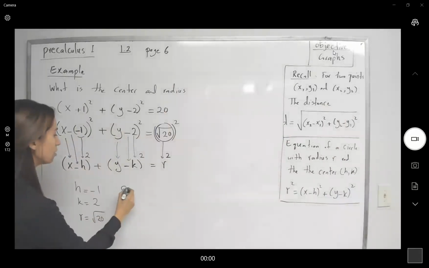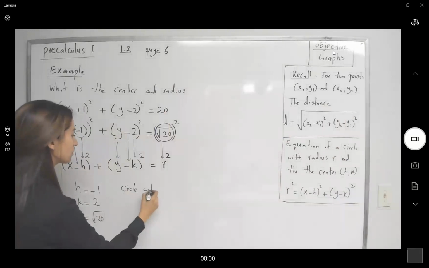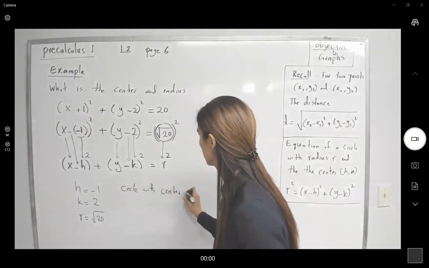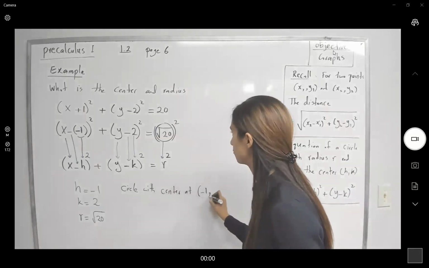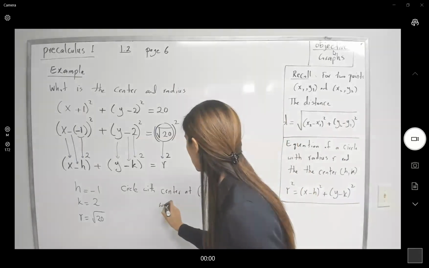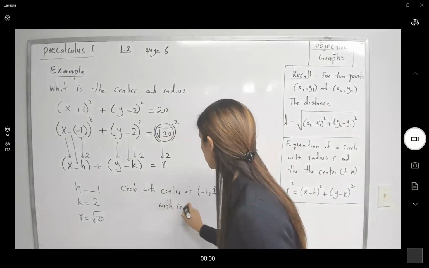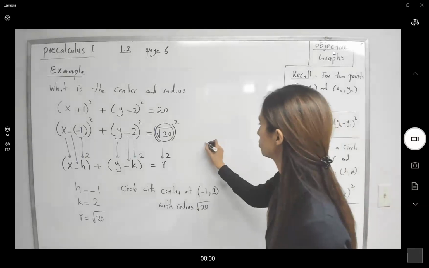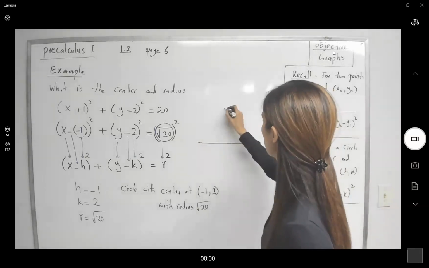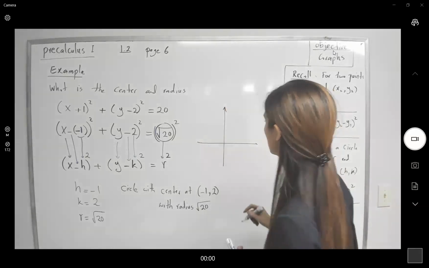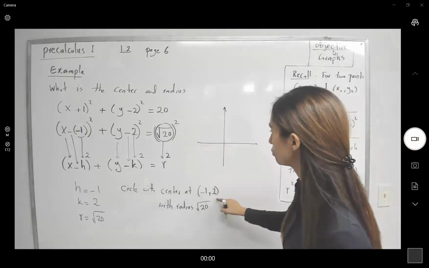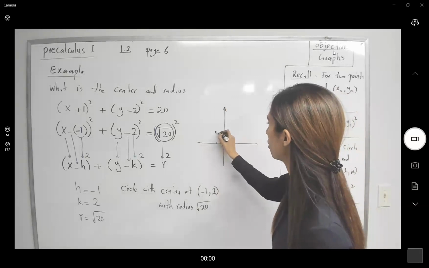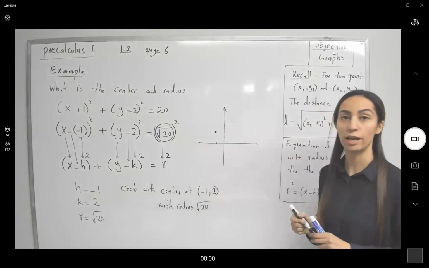So you have a circle with center at -1 and 2 with the radius square root of 20. If you want to visualize this, here you have -1 and 2. -1 and 2 is the center of your circle, h and k.